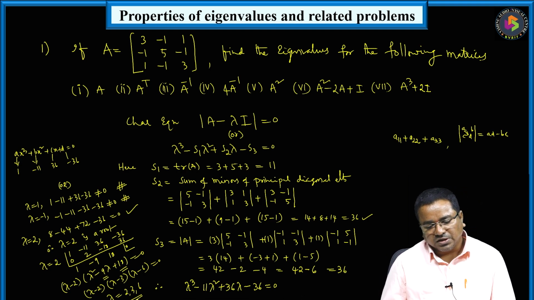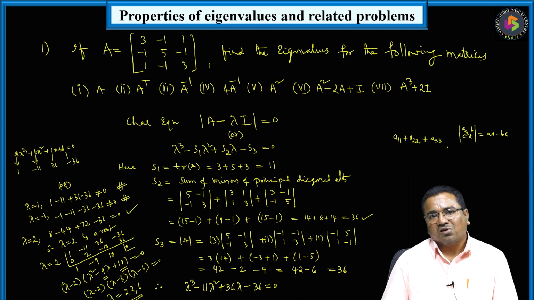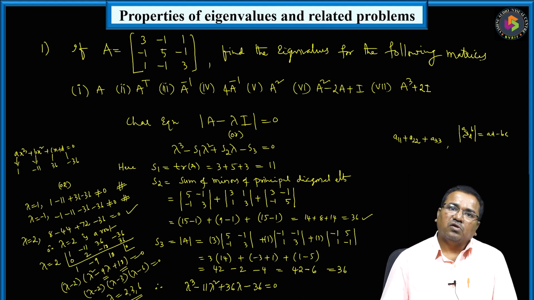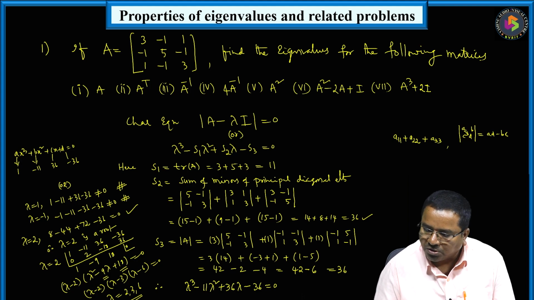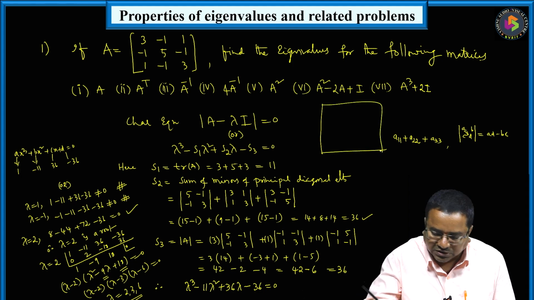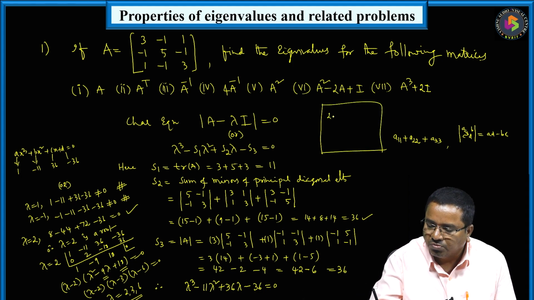Then how do we check whether these eigenvalues are correct or not? For that we have to use the properties. We have two important properties for verification. What are they? The sum of eigenvalues: 2 plus 3 plus 6 is equal to the trace of the matrix A. What is the trace of the matrix? It is also 11.